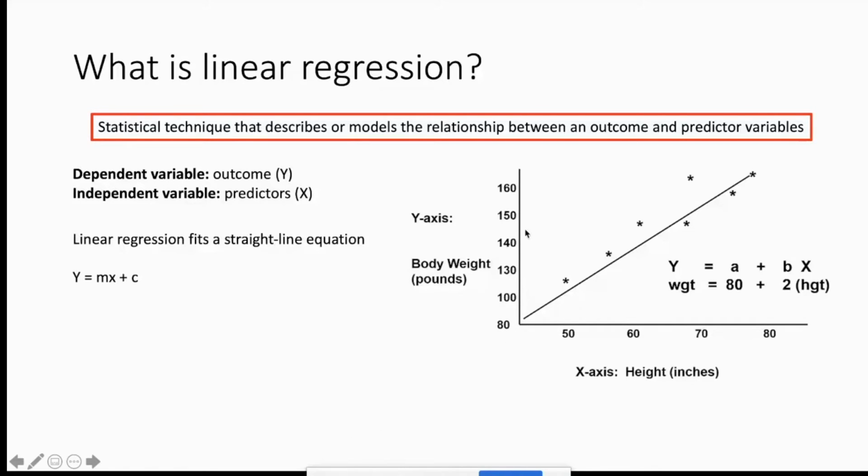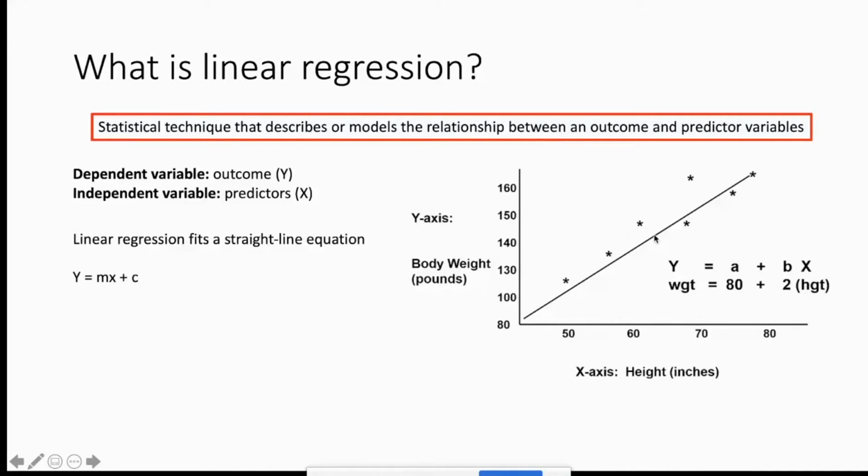On the y-axis, we have the outcome variable, and this by convention is called the dependent variable. And the x-axis is the height, and this is the independent variable. This is a variable that we could substitute the values into the equation to find out what the predicted body weight is.